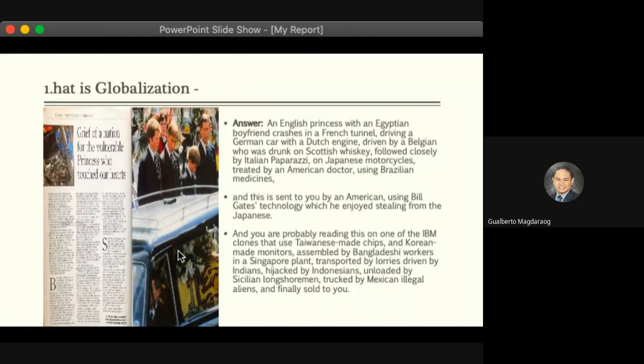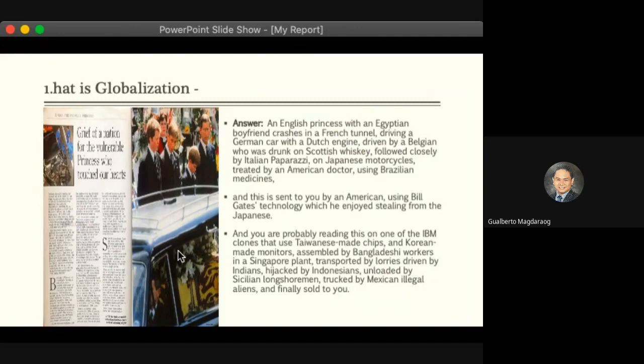Because the trend today is, ganyan, globalized competition. If you will not see your foreign friends or foreign counterparts as a competitor, mabilis kang mawawala sa industry.